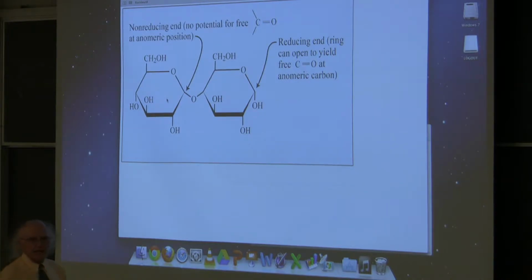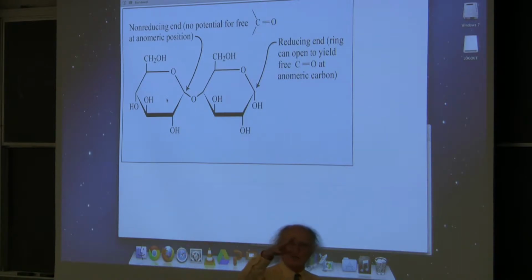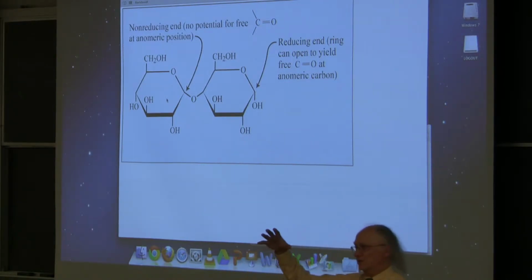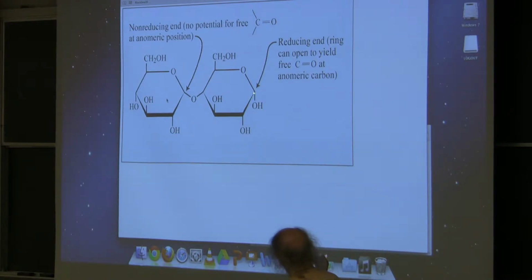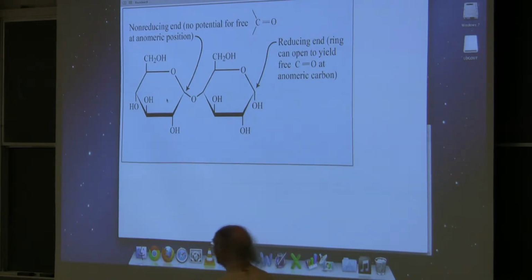When I showed the cyclization yesterday, you saw carbon number 1 of glucose connecting to that oxygen. It turns out that when a ketose cyclizes, it's carbon number 2 that does that. So looking at this, you'd say, well, carbon number 1 connected, so this had to have been an aldose. Okay?